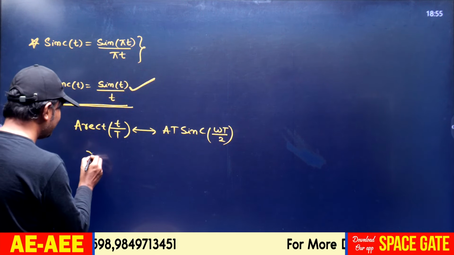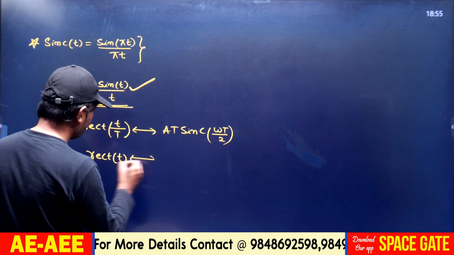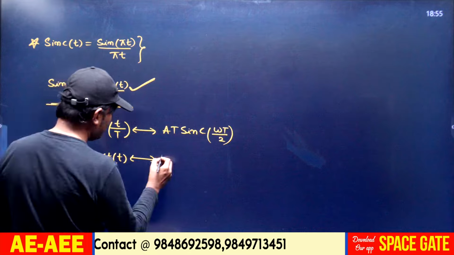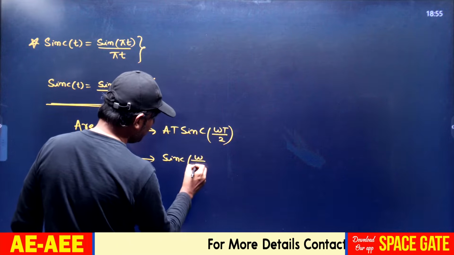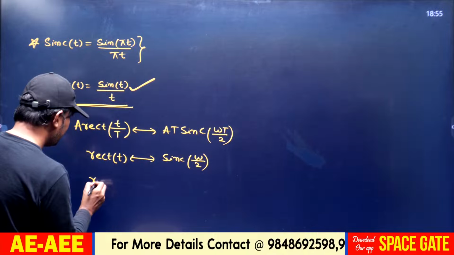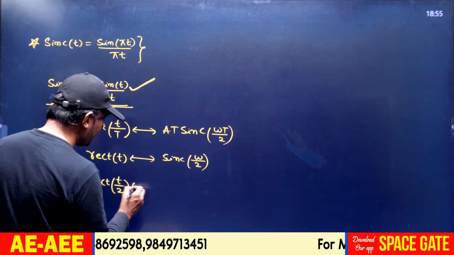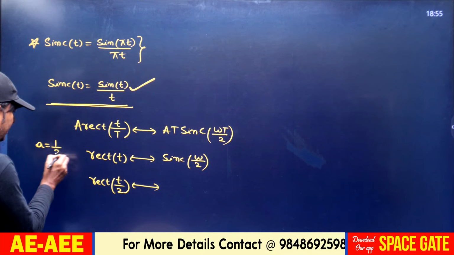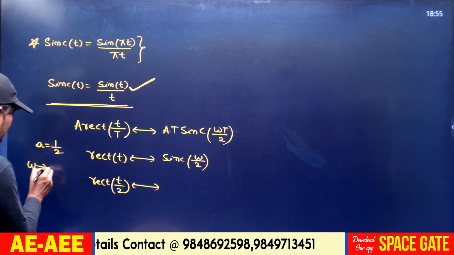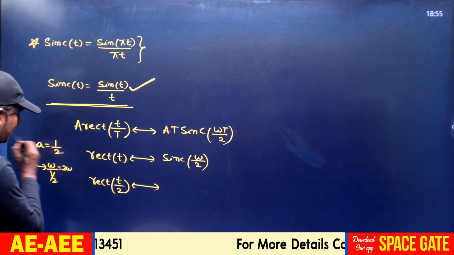So what is rect t? Here A is 1, T is 1. So sinc of omega by 2. Now I want rect of t by 2. Use the scaling property: identify the scaling factor, that is 1 by 2, and in the Fourier transform wherever you have omega, replace it with omega by a, omega by 1 by 2, which is nothing but 2 omega.